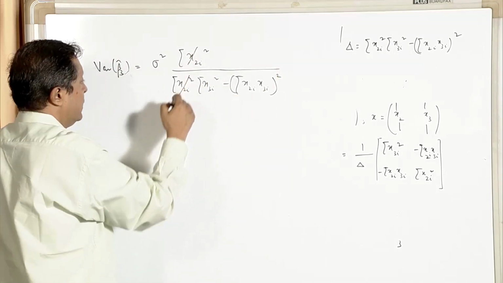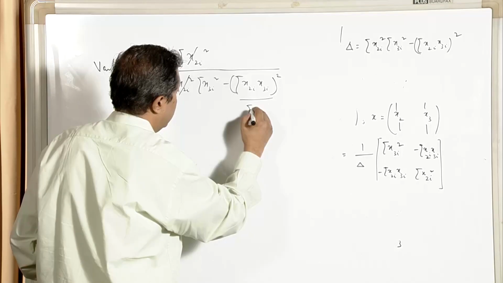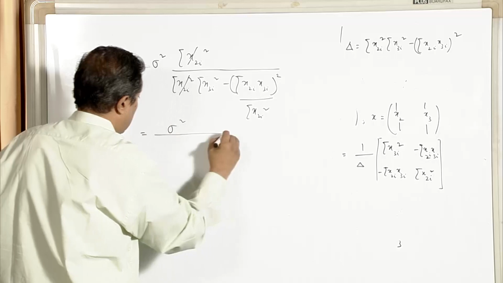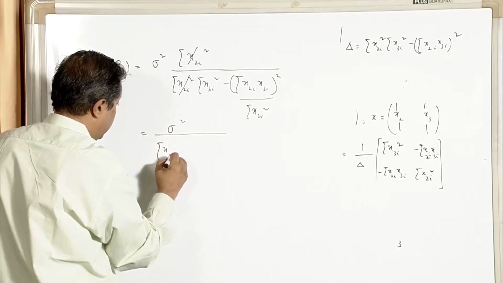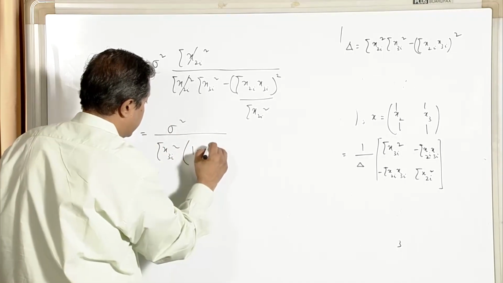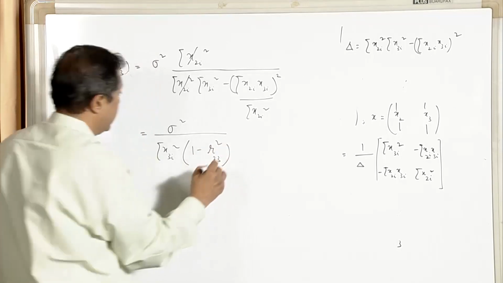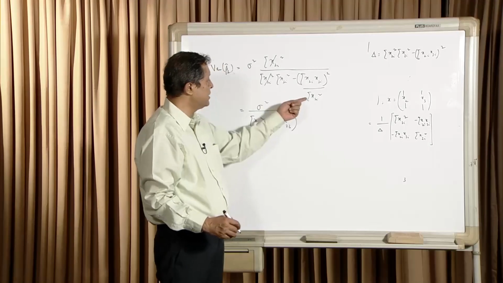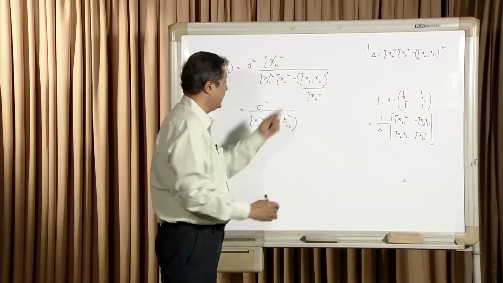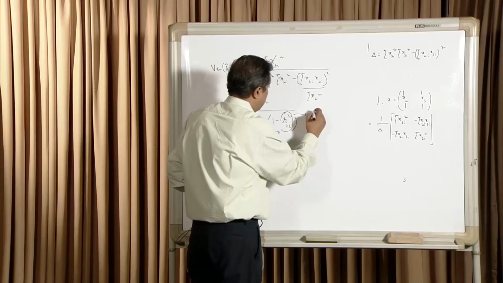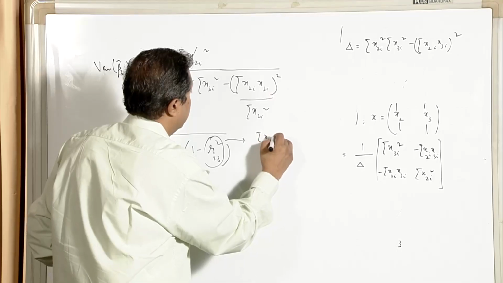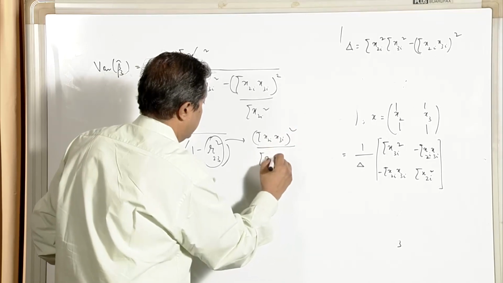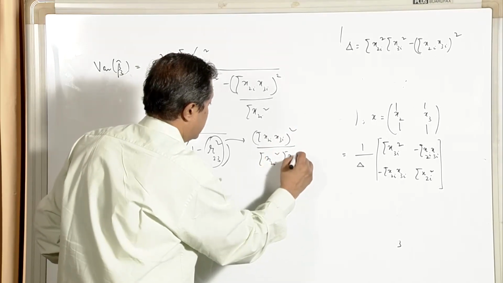Cancel out the x2i terms, that means you divide here by x2i square, which basically gives summation x3i square in the denominator, 1 minus, again that is equal to r square 2 3. Take out x3i square, it comes in the denominator here. So, 1 minus this term, that will be summation x2i x3i whole square divided by summation x2i square summation x3i square.